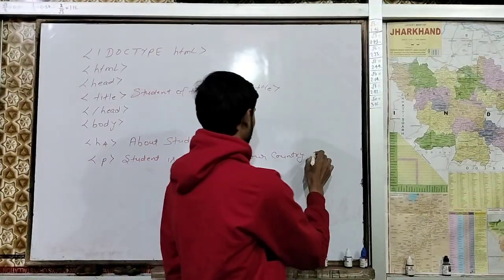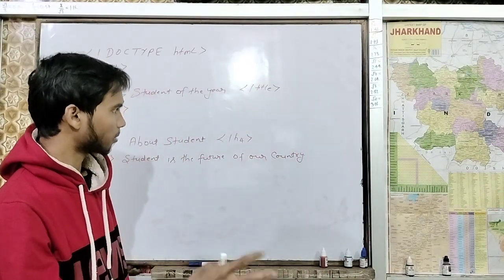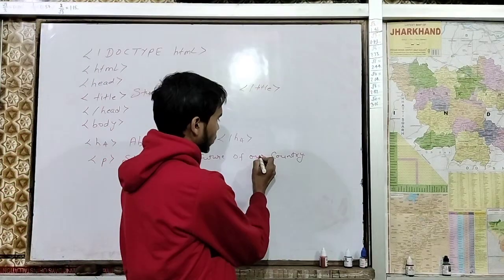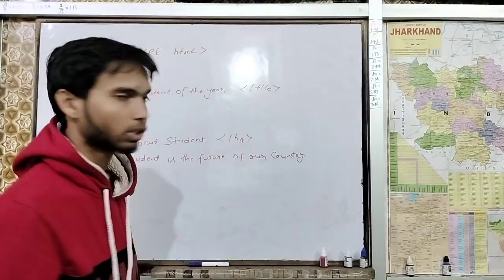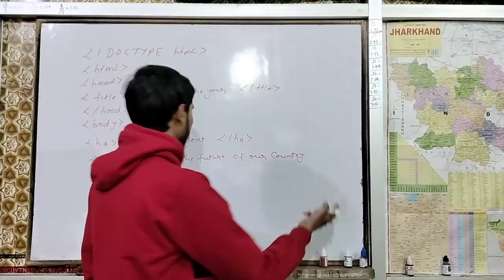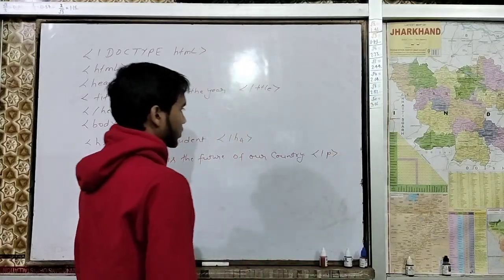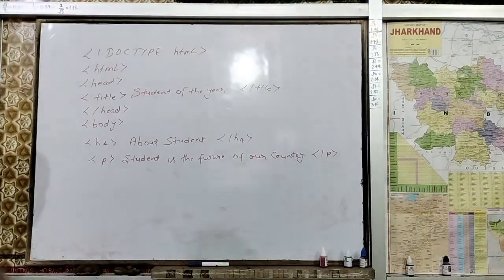This is a paragraph. I know this is one sentence. Here there can be a lot of sentences. Just to understand the HTML language, I am writing this one sentence so that we can understand. Okay, this is complete.